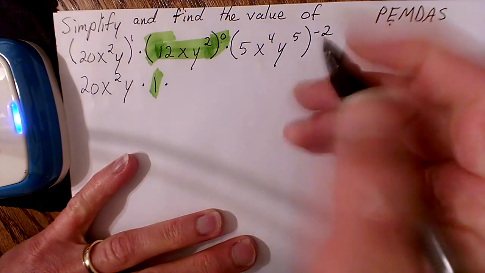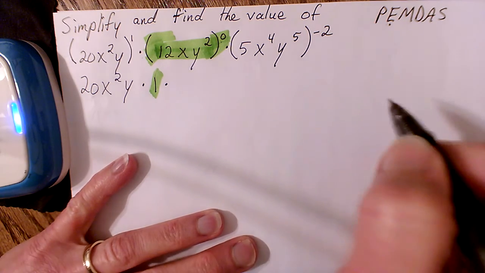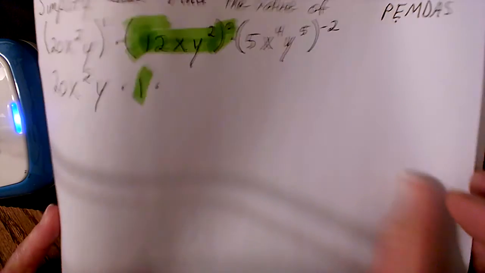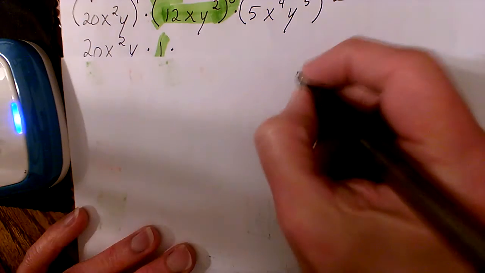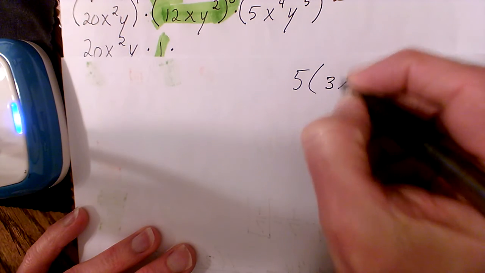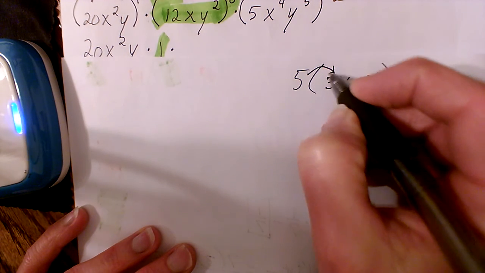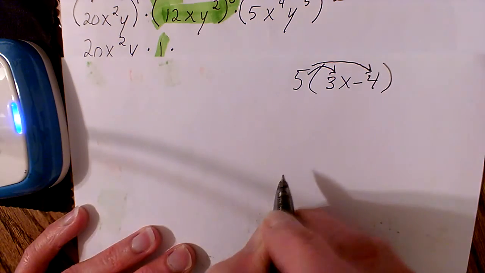On this one, we have a -2 as our exponent. Now, if you were to work a problem where you had parentheses next to a number, we know that when we see parentheses next to a number, for example, if we see 5 times 3x minus 4, we know that we're supposed to take this 5 and multiply it times each term inside the parentheses.